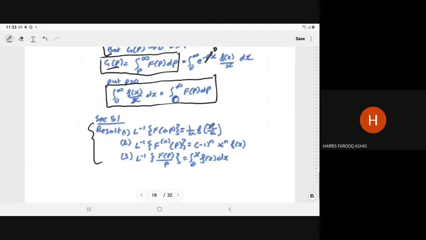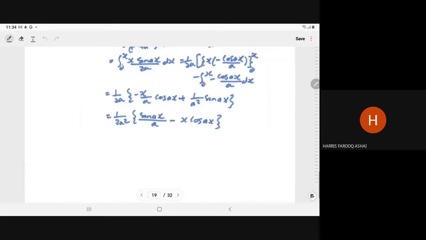L inverse of the nth derivative of f with respect to p is equal to (-1)^n x^n f(x), and L inverse of f(p) upon p is the integral from 0 to x of f(x) dx. So this is an important formula. Whenever we have to find the inverse, you can directly apply these. So only in this chapter we have a lot of formulas.